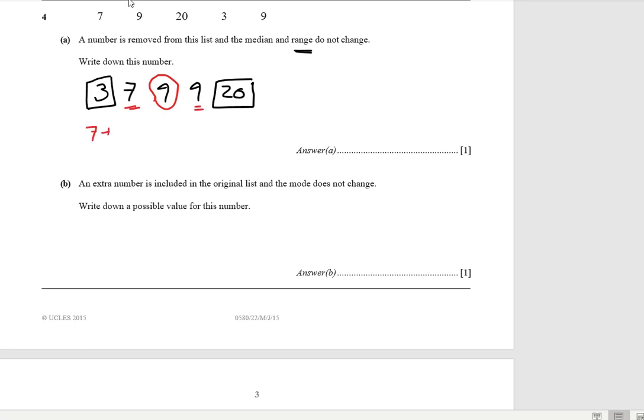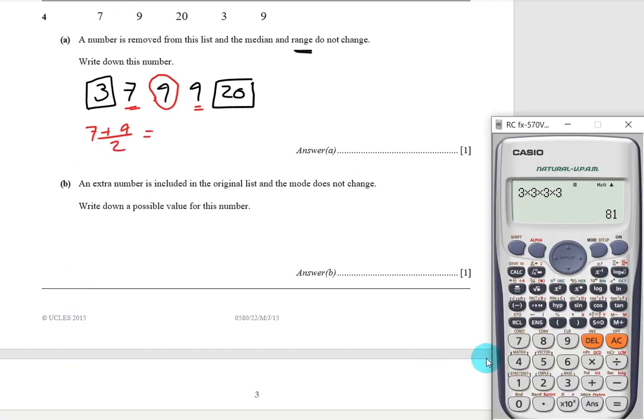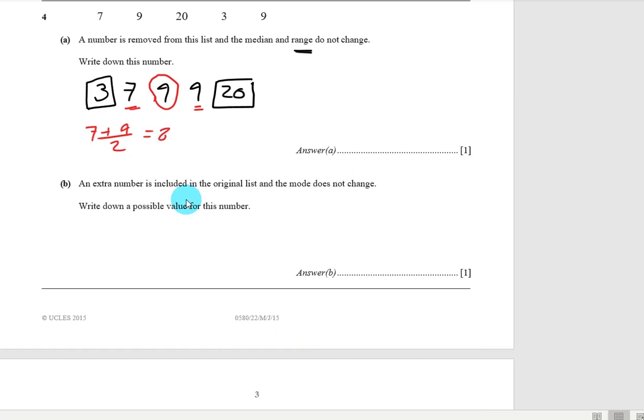So 7 plus 9 divided by 2 is 8. So the answer here is 8, and here is 9. So the median will be 9.